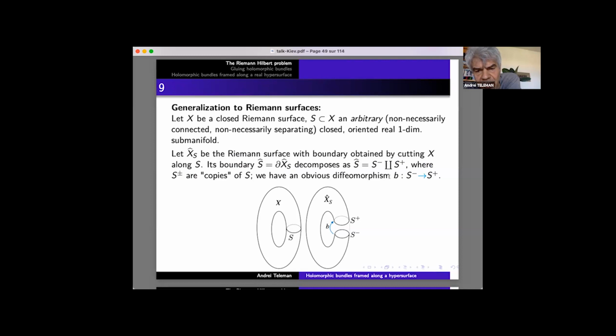In this case, I have only two components of the boundary, which are obviously identified because both are identified with S. So I get an identifying diffeomorphism between these components of the boundary. But again, S doesn't need to be connected. If S is not connected, I can split the components of the boundary in two classes, and then the corresponding disjoint unions can be identified.